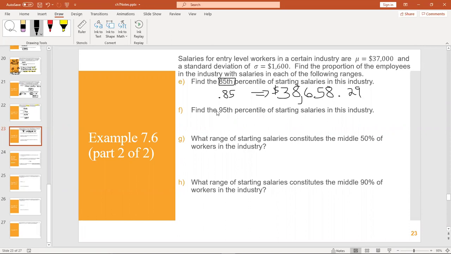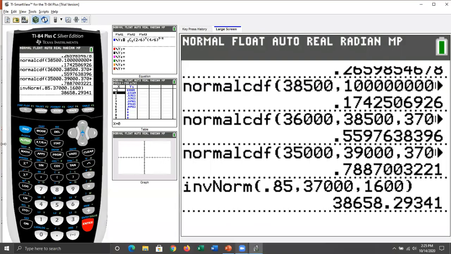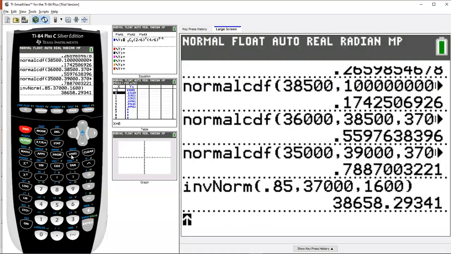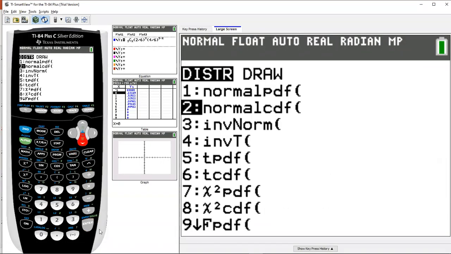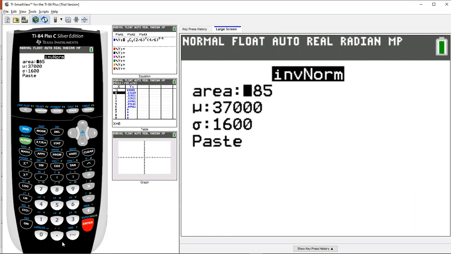95th percentile. So that's going to be 0.95 that we're going to use. So again, do second vars, pick inverse normal when you're looking for a percentile. This time we want 0.95 for 95th percentile.